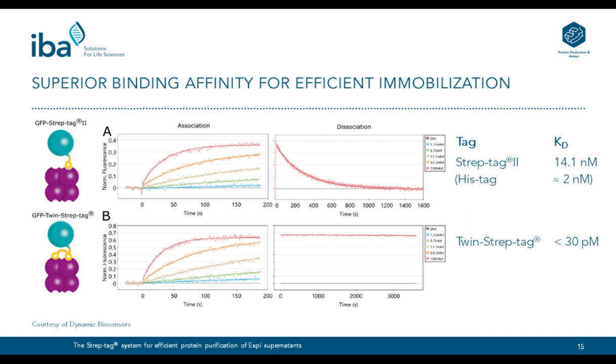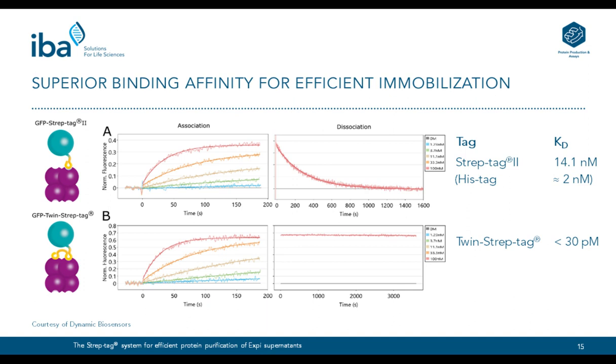So I've mentioned the high binding affinity of the Strep-Tactin XT system, and these data are provided by the company Dynamic Biosensors. And Dynamic Biosensors developed a switchSENSE technology that can be used for kinetic studies, like SPR, but it can be used for many different other applications. So it's a very powerful technology, and they already released a Twin-Strep-tag or Strep-tag capture kit that allows you to capture Strep-tag proteins on a Strep-Tactin XT chip.